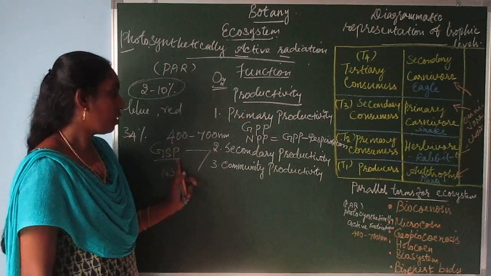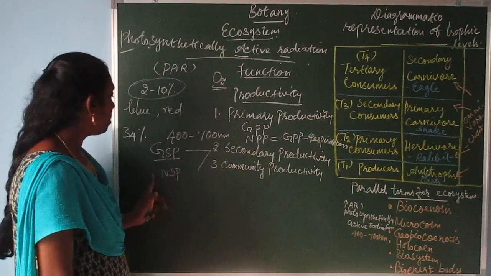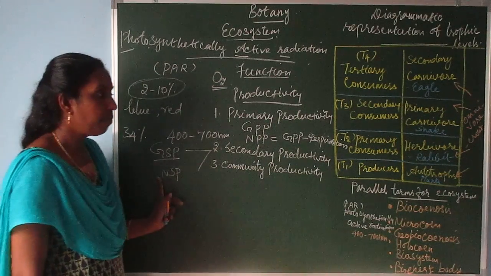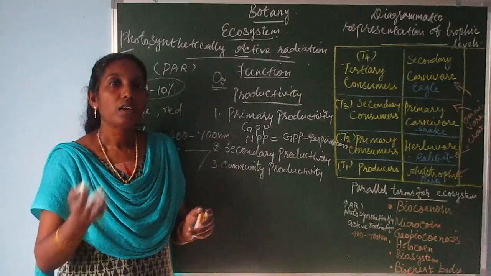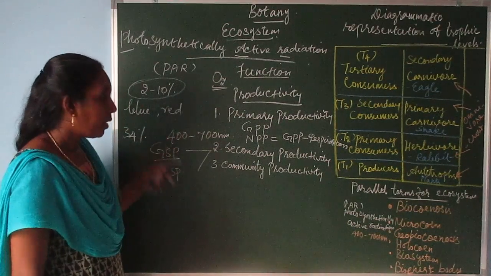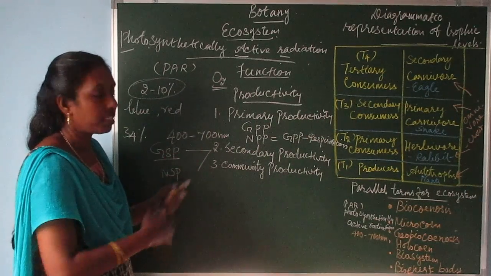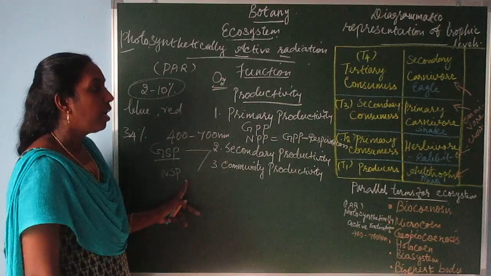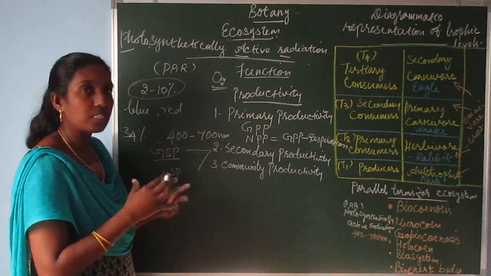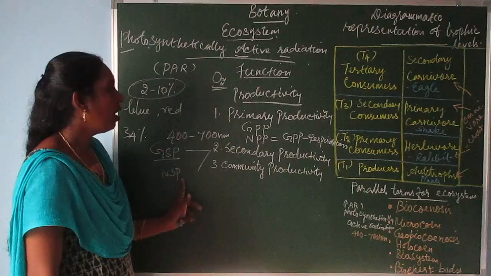And NSP, what is this? Net secondary productivity is the biomass of consumers per unit time, how much they consume, after respiration. Here also, after respiration, some amount of energy is lost. That is net secondary productivity.